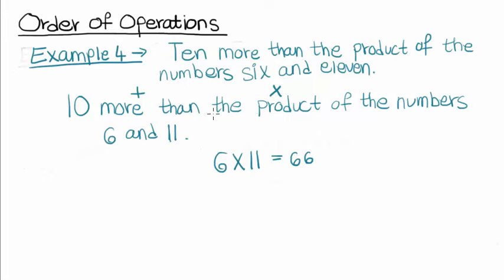Since we already know that the product of the numbers 6 and 11 is equal to 66, we can find our answer by simply adding 10 more to it. When we add 10 to 66, we get 76. So our final answer is equal to 76.